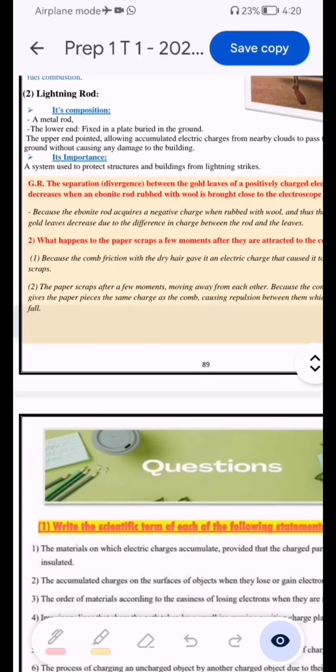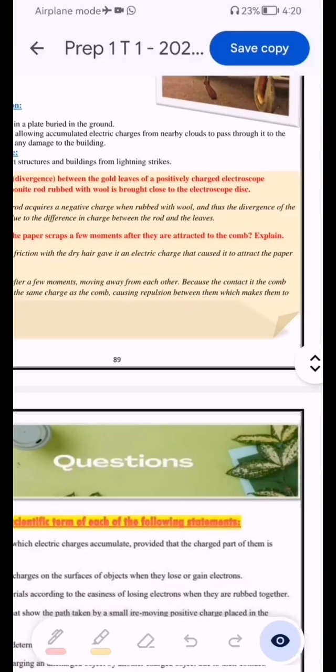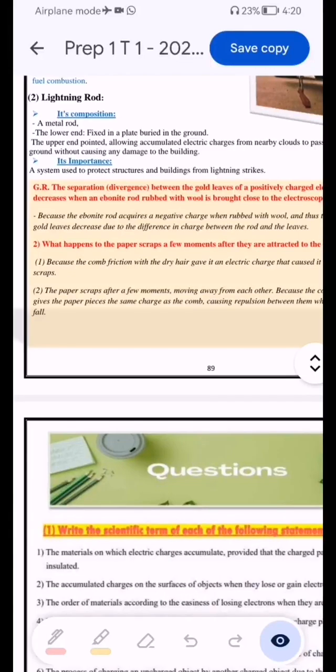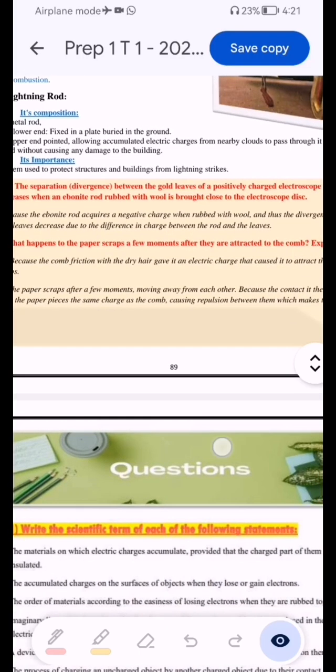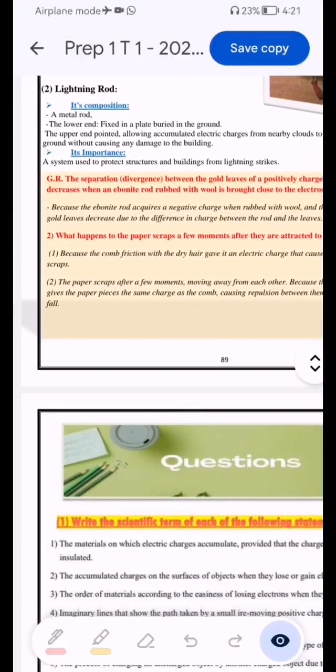And after some moments, these paper scraps will move away from the comb because the contact between comb and paper scraps gives the paper scraps the same charge as the comb. So they both will have the same charge after some moments. So what happens if there is the same charge? It will repel, causing repulsion between them, which makes them fall.